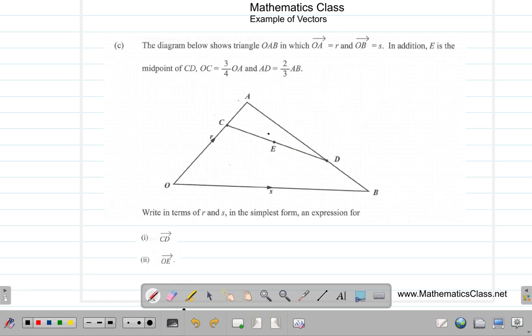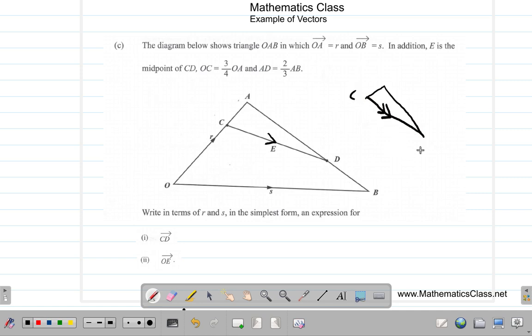From C to D goes this way. Let us draw a triangle over here. To find this vector, you must add this vector and this vector. This vector will be the resultant.